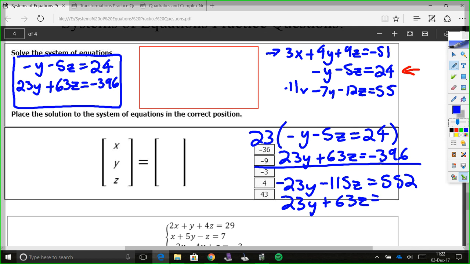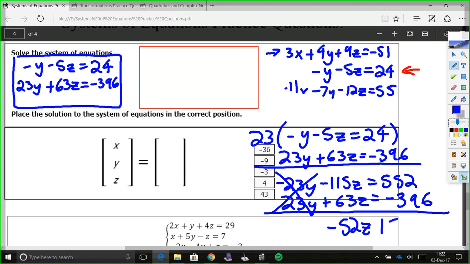So a lot of this is just recopying things down. I'm only doing it to try and keep a little bit neat. But now I can add these equations together. So negative 23 plus 23, those cancel out. Negative 115 plus 63 would be negative 52z. 552 minus 396 will be 156.